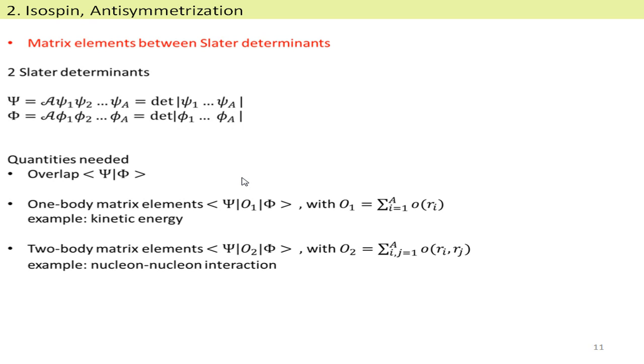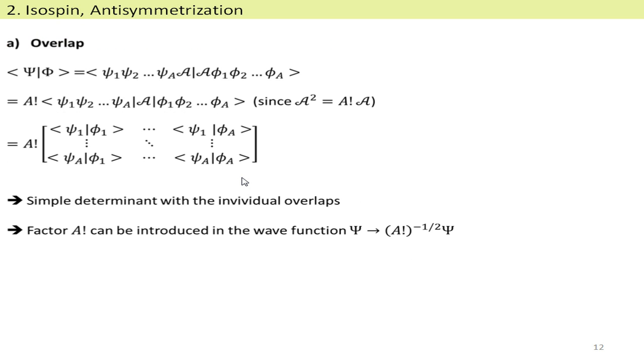And then when you consider the nucleon-nucleon interaction, this is called a 2-body operator, and you must be able to compute this matrix element with O2. So O2 is a double sum over i and j, because these 2-body matrix elements depend on 2 nucleon coordinates. So let's go for the overlap.